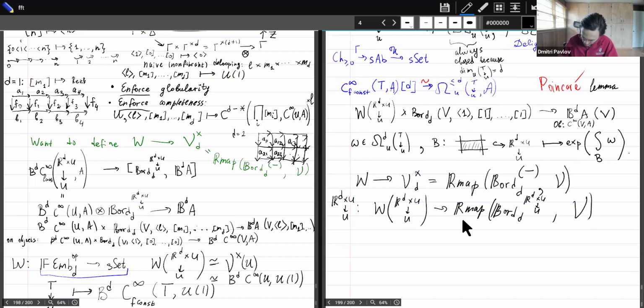Now I can use the properties of derived mapping space to move this thing to the left. So I have a morphism. Equivalently, I need to write down a morphism of this form.